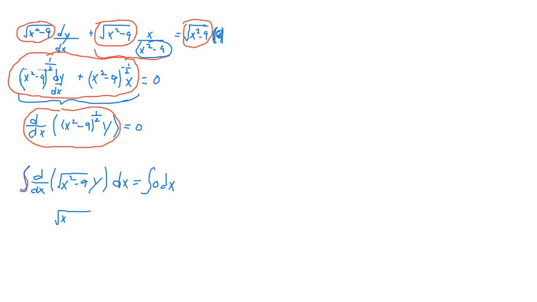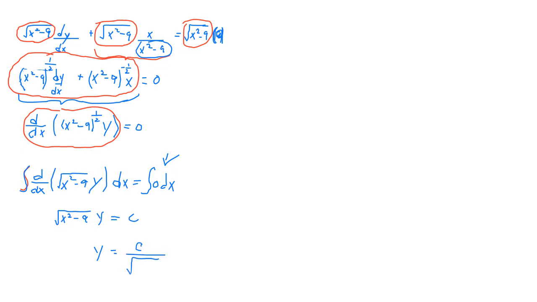So what you're left with is the square root of x squared minus 9 times y equals what? What's the integral of 0? What would that equal? Good. Good, Zachary, a constant. And so y is equal to the constant divided by the square root of x squared minus 9.